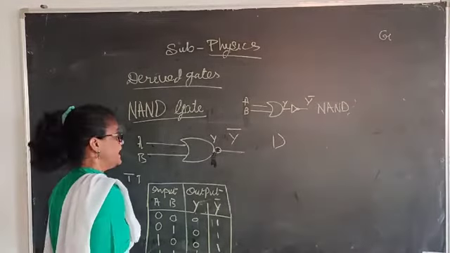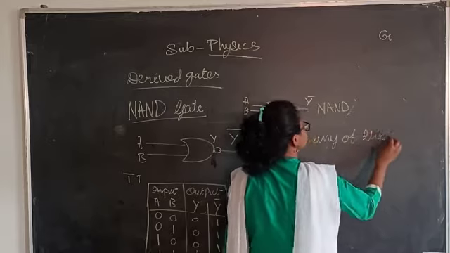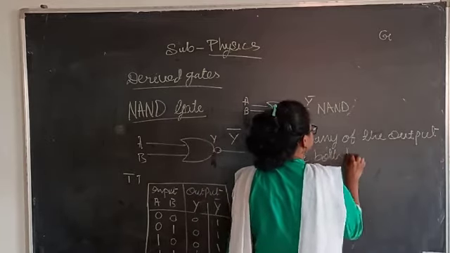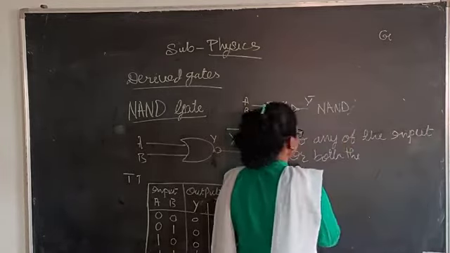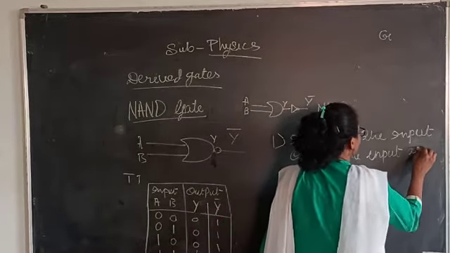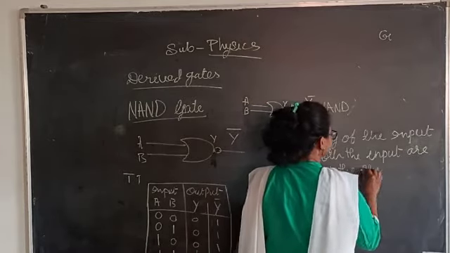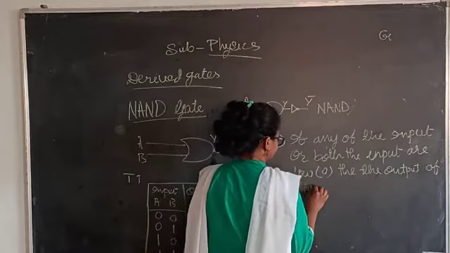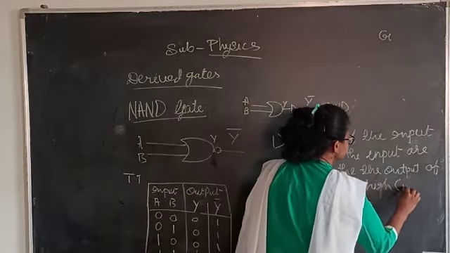So first of all, what we can write? If any of the inputs or both the inputs are low, that is 0, then the output of the NAND gate is high, that is 1.